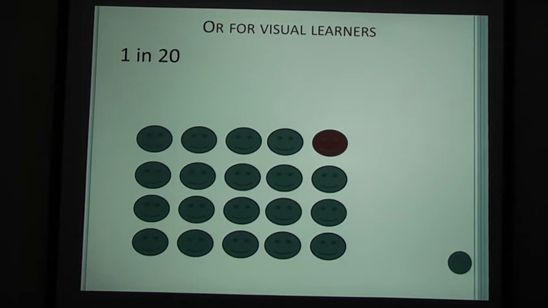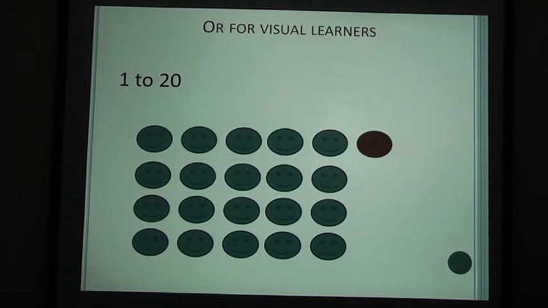The red one is now 1 in 20. That little 1 to 20 would be this. That red face is now the 1 to 20. So you already had the 20 blue faces and you've now added the red one. So that's 1 to 20.